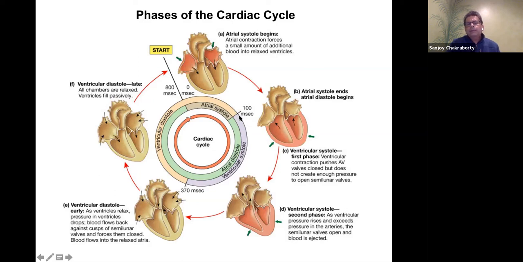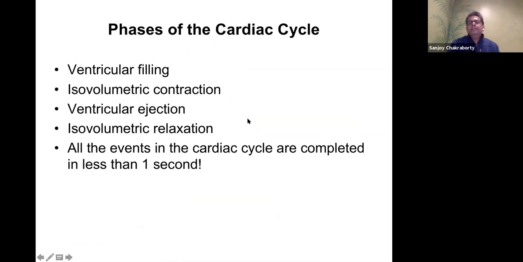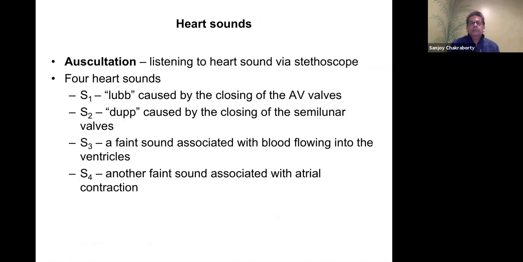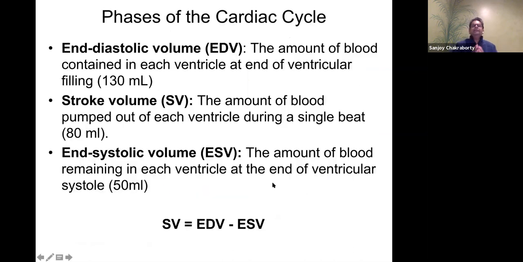At the end of the ventricular diastole, the ventricle is filled completely, because by that time the atria undergo contraction, or systole. So that volume we call EDV, end diastolic volume, meaning end of the diastole, the ventricle is completely filled with blood.